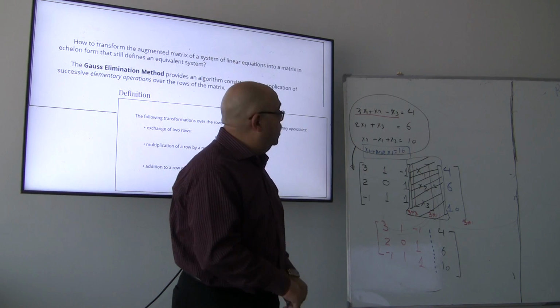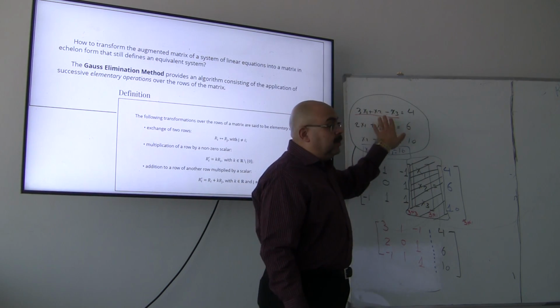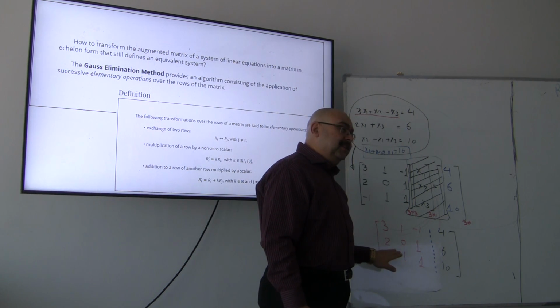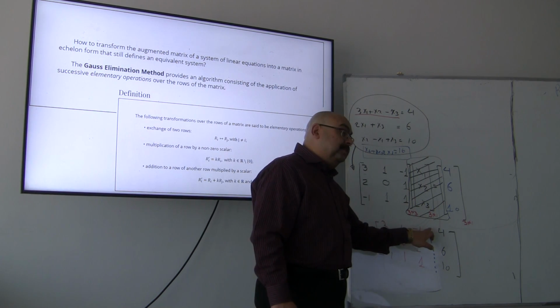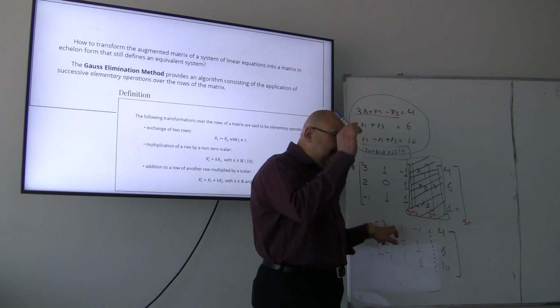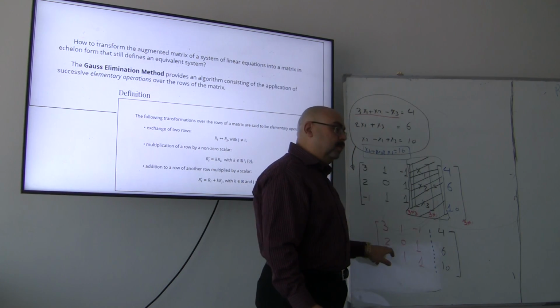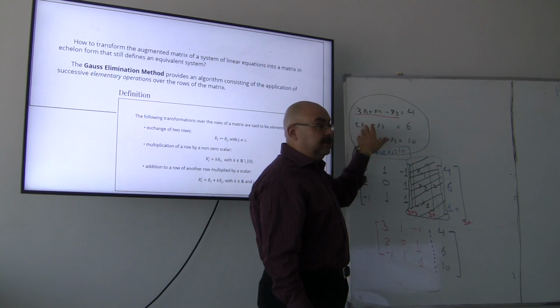If you remark what I did on these equations, I'm going to do on this augmented matrix. Look at the first row; it is exactly the first equation. Look at the second row, which is exactly the second equation.